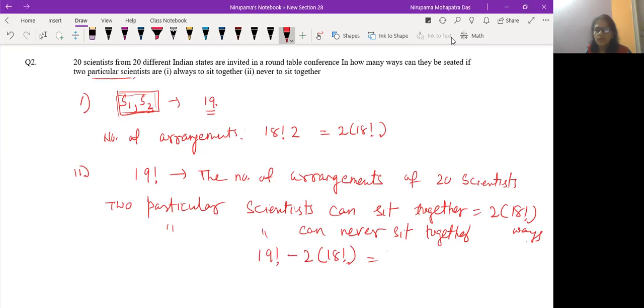So factorial 18 can be taken common. 19 factorial is 18 factorial into 19. So you are left with 19 minus 2, which means 17 into factorial 18. If the calculation is very lengthy, you can leave it like this, or you can calculate it also.